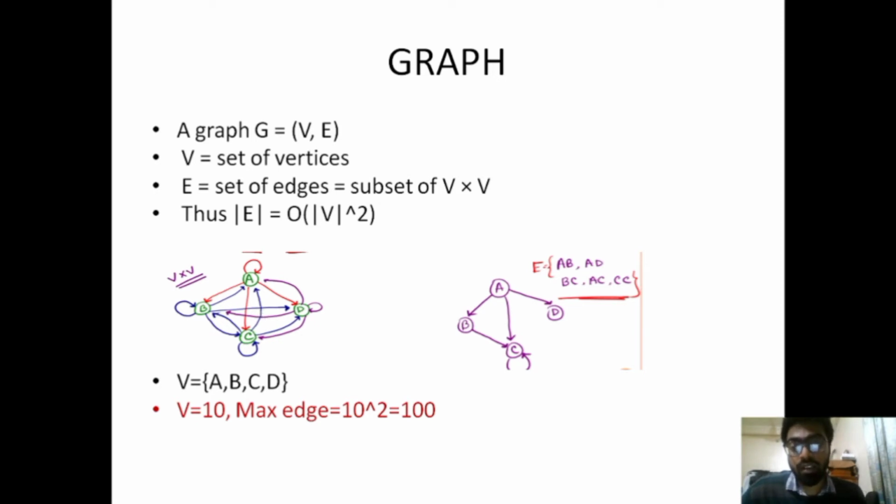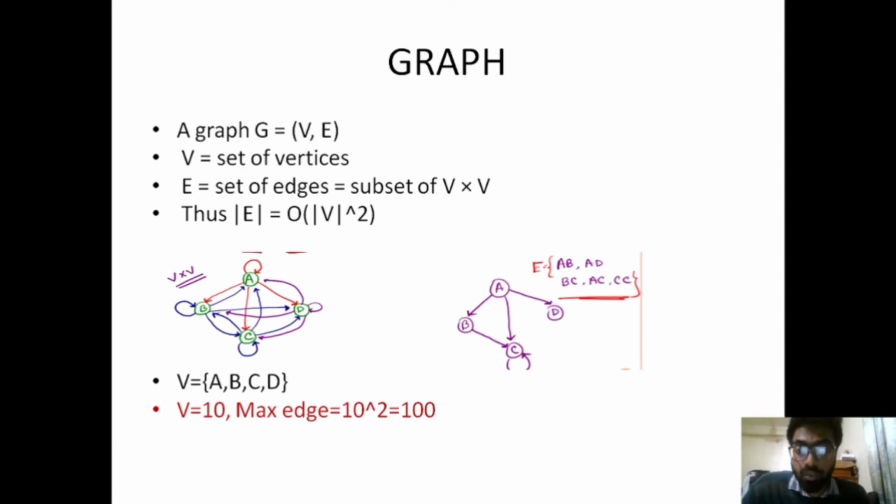On the other hand, what is a sparse graph? A sparse graph is a graph with only a few edges. So that graph has few edges, we can see, or the graph's number of edges is close to the number of vertices.